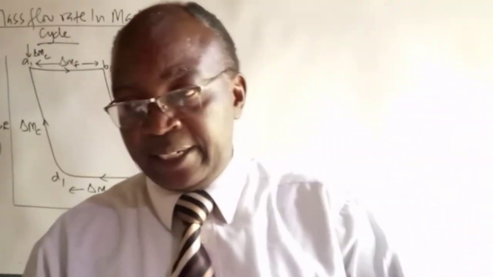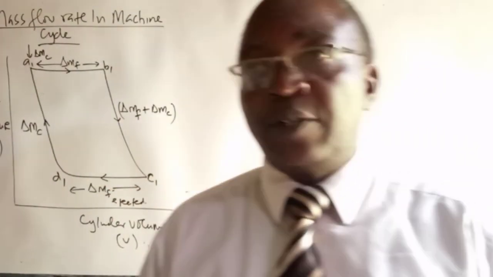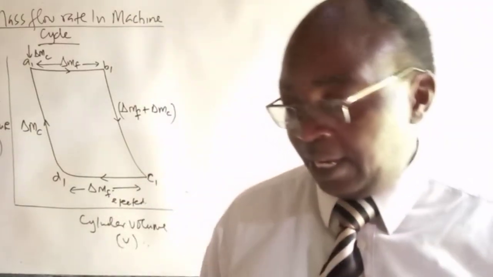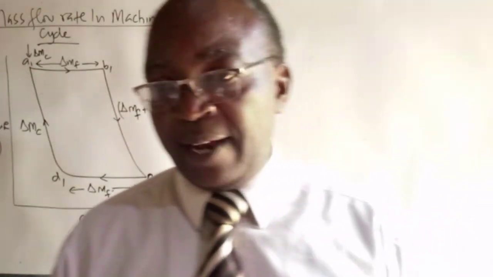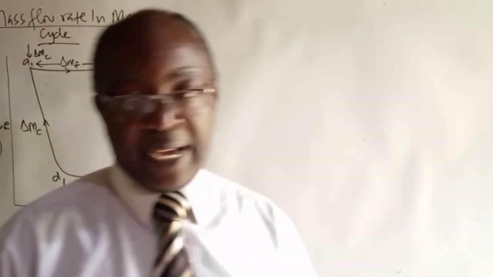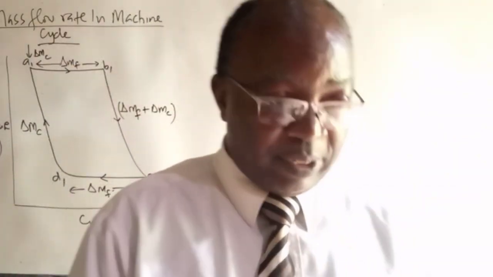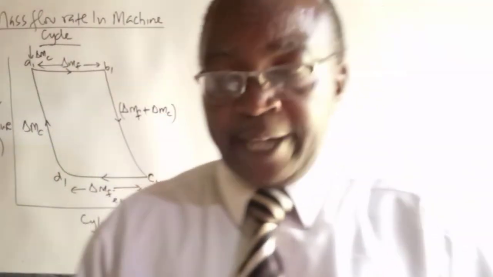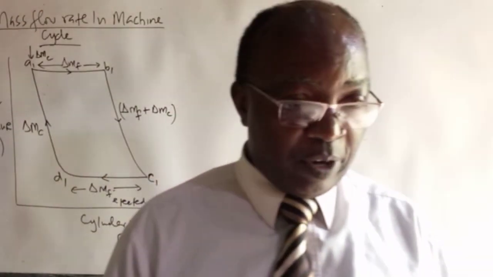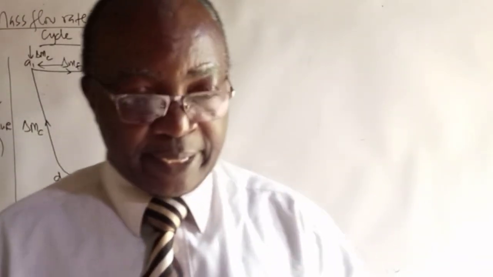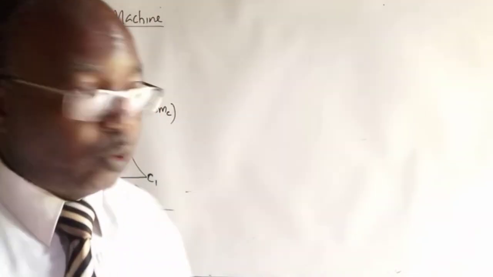We have talked about when the inlet valves are open, when they are closed, when we are at the top dead center. We have talked about the outlet valve, the bottom dead center, and when the outlet valve is open, when it's closed, and so forth. We have discussed that in the work in machine cycles lecture, and I encourage you to look at it.